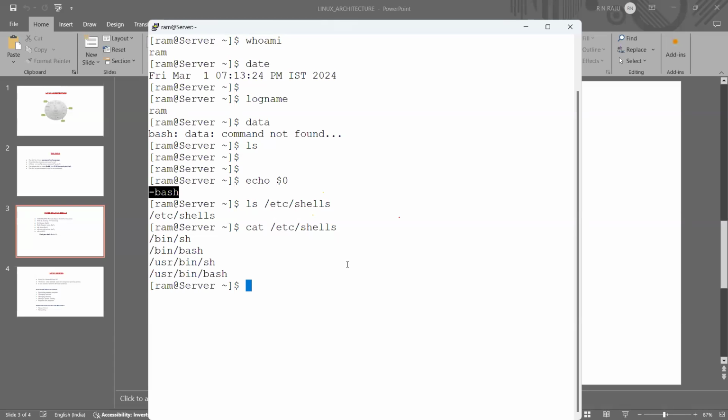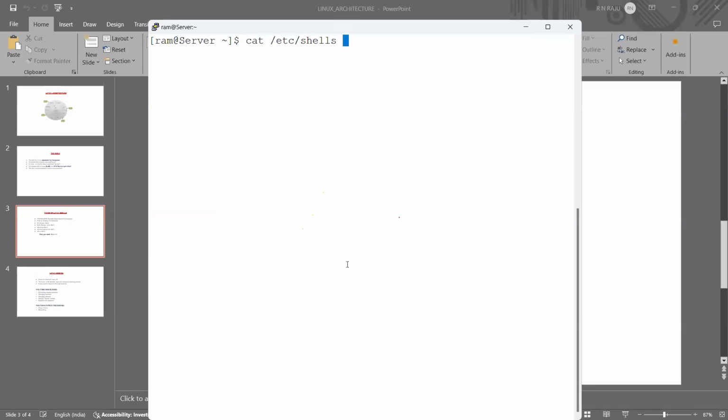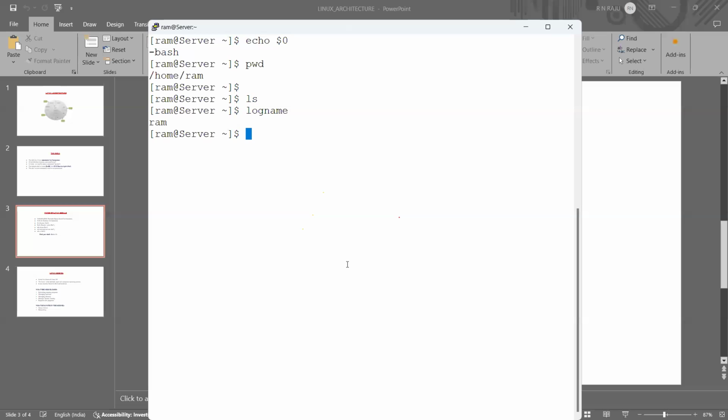Okay. So how to check your current shell name? Just run the command echo space $0. Now my current login shell name is bash. So what commands am I executing? pwd, ls, and logname. Multiple commands. These are all commands executed by the bash shell.